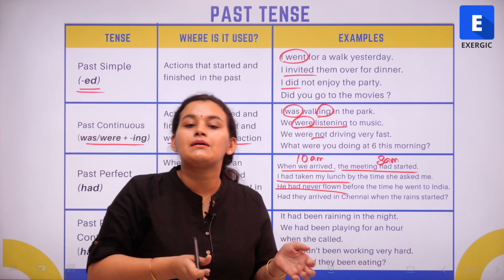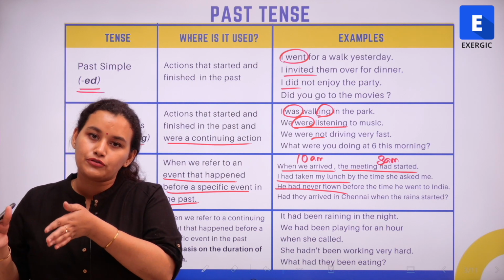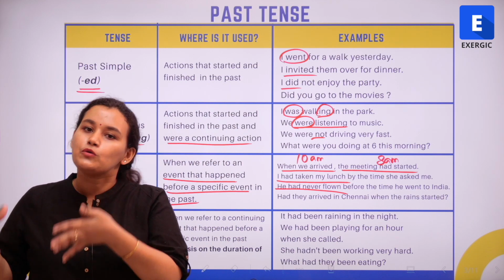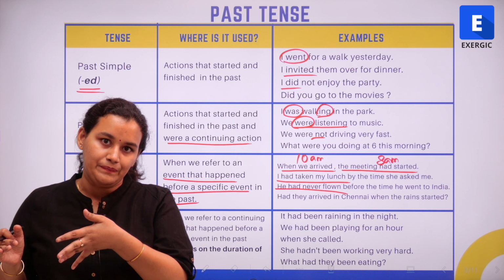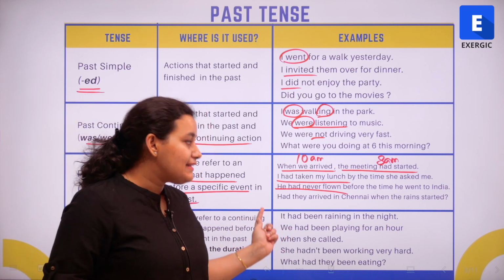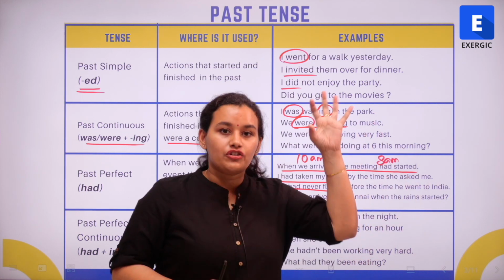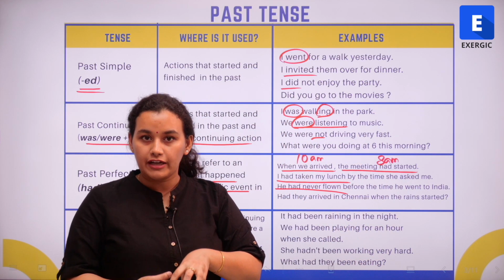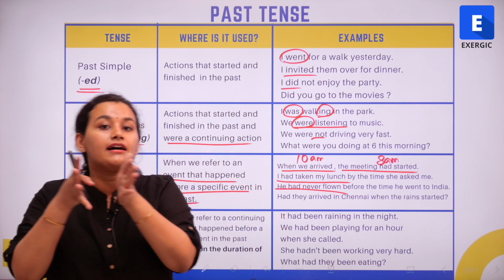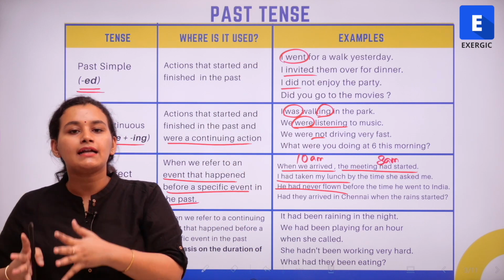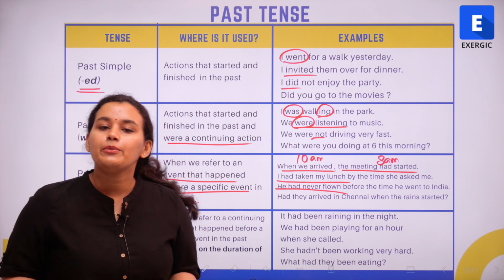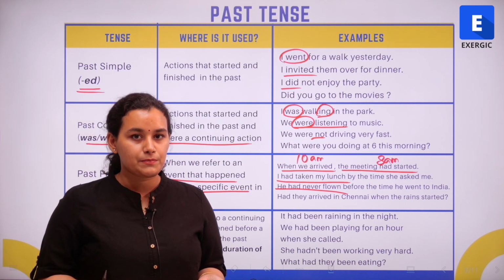So I'm talking about something before that trip he took to India, and that is why I'm using the past perfect tense. A question, had they arrived in Chennai when the rains started? So the rain started at a particular point of time and I'm asking whether they had arrived before that time or not.